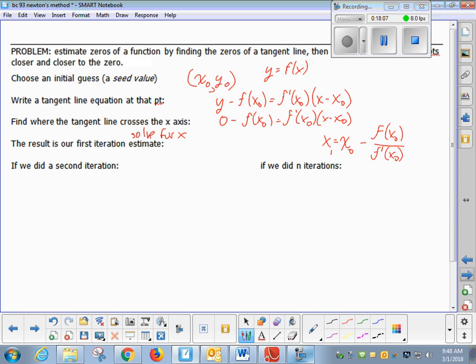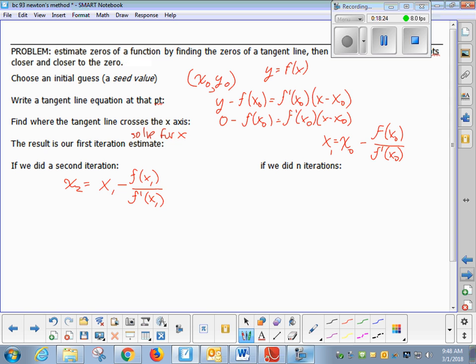What about a second iteration? x2, without all that work, would be x1 minus f at x1 over f prime at x1.